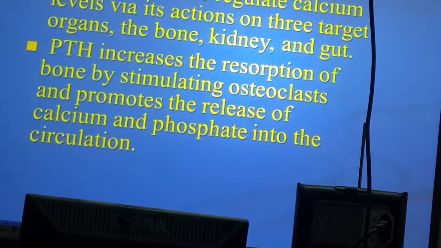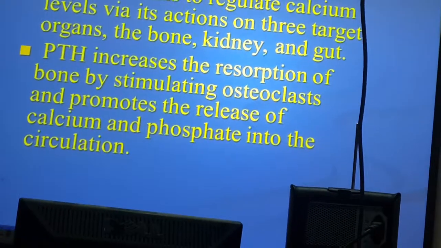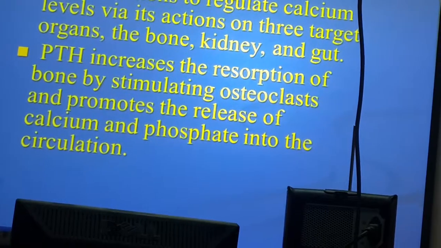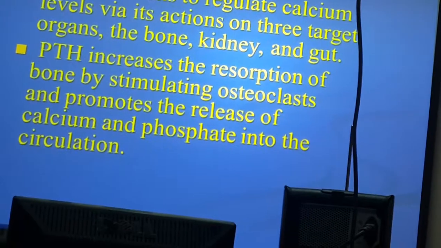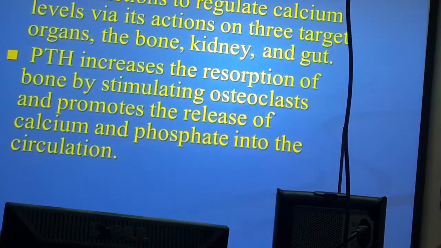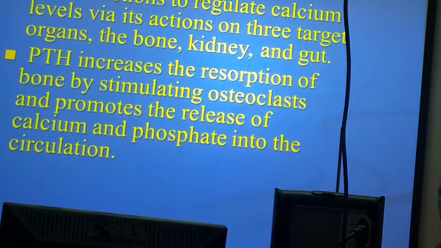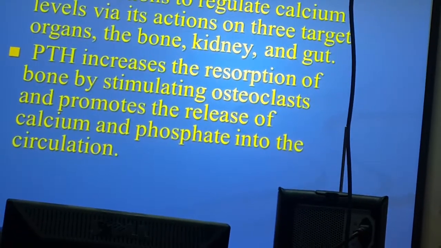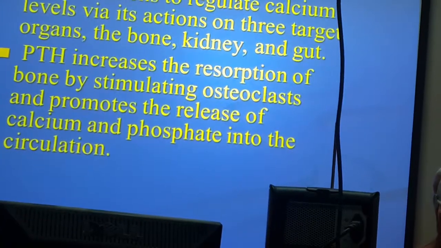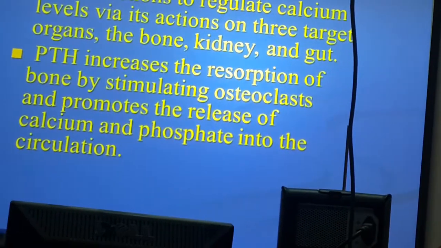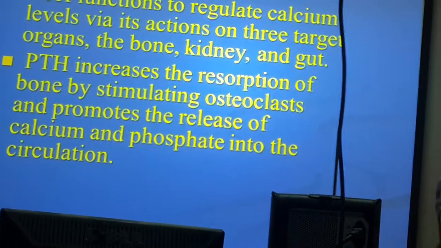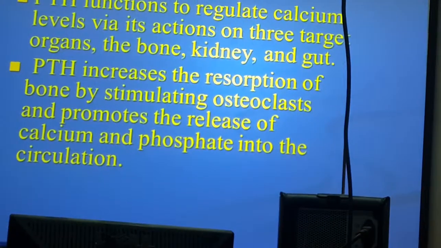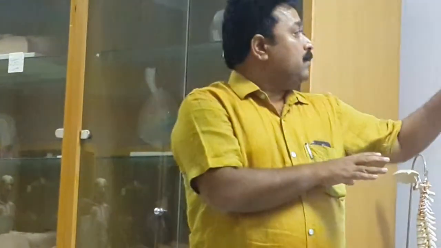Whereas in the case of the parafollicular cells of the thyroid, what does it cause? It decreases the serum calcium level. Exactly vice versa. Whenever the serum calcium decreases, parathyroid hormone stimulates reabsorption from the gut and the kidney and also from the bone by osteoclast cells.